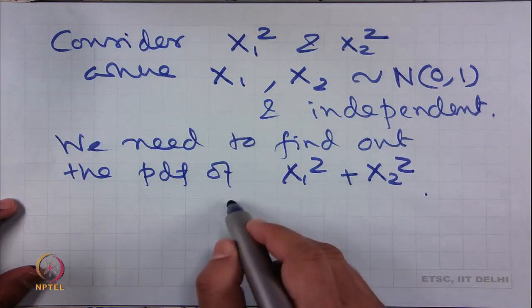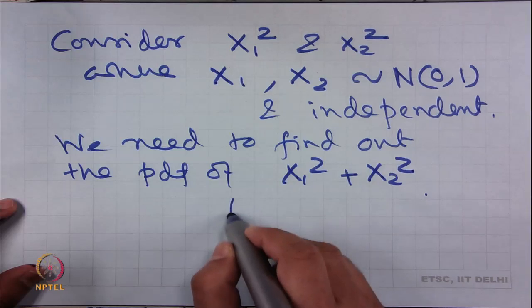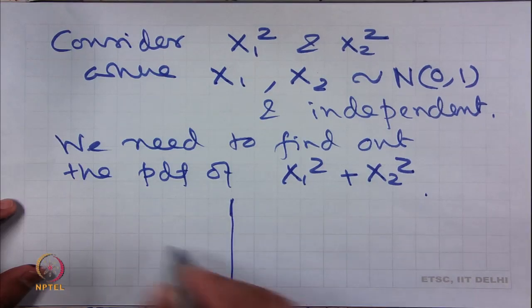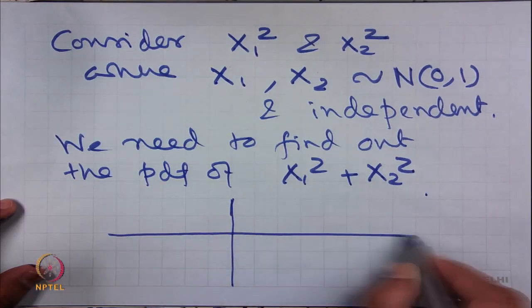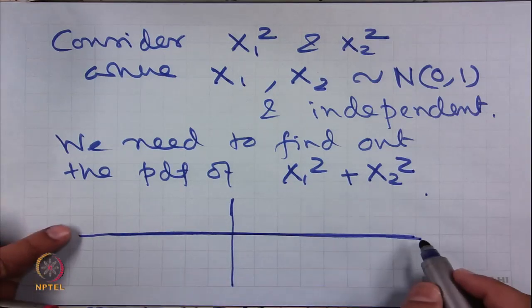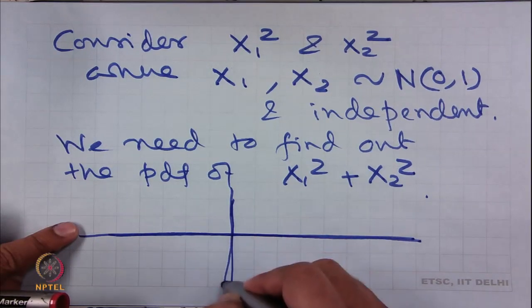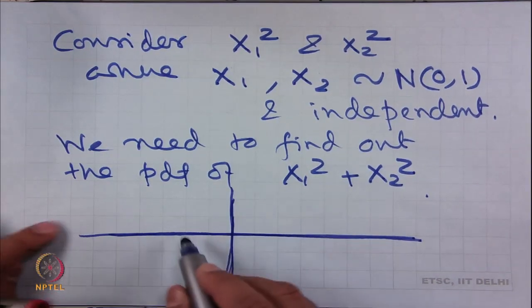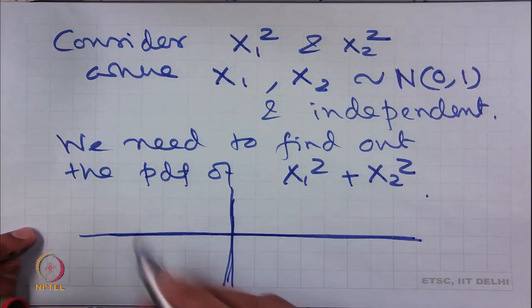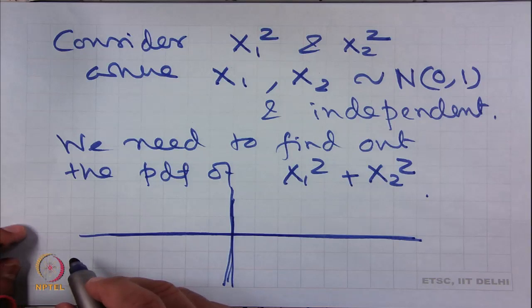Since x 1 is normal 0 1, we can consider x 1 along this axis and x 2 along the y axis, so that x 1 and x 2 together can cover the entire 2D plane.